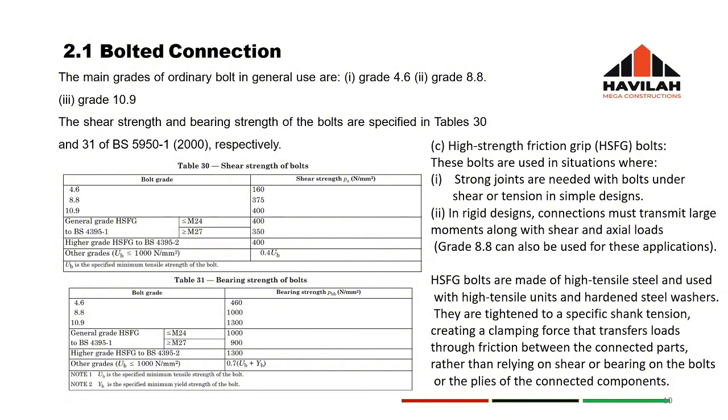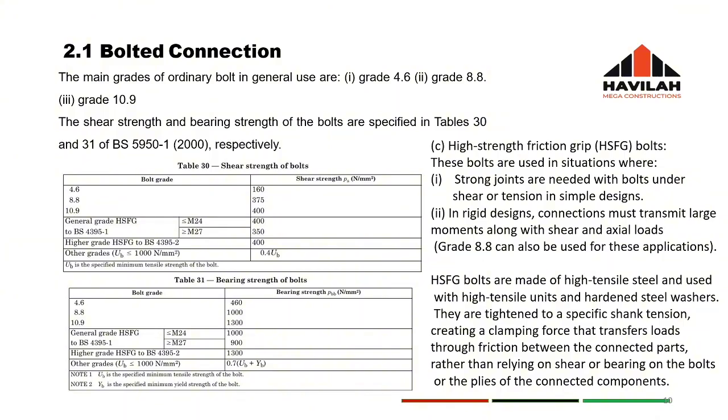So we need to understand the shear strength of bolts and also the bearing strength of bolts. If you're designing a bolted connection, you should pay attention to both, so that you can pick the appropriate bolt grade and the numbers.